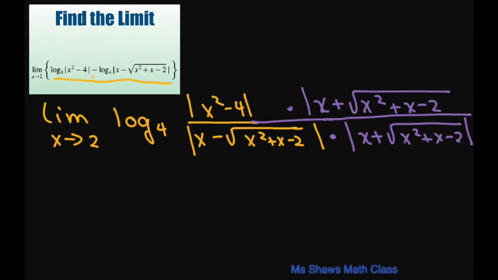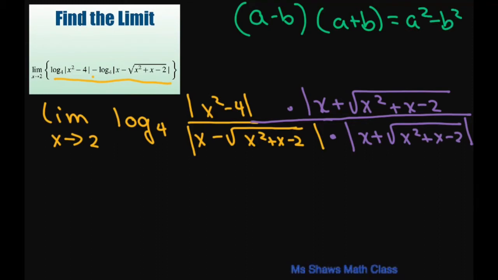We're doing that because we know that a minus b times a plus b equals a squared minus b squared. In this case, this is your a and this is your b.